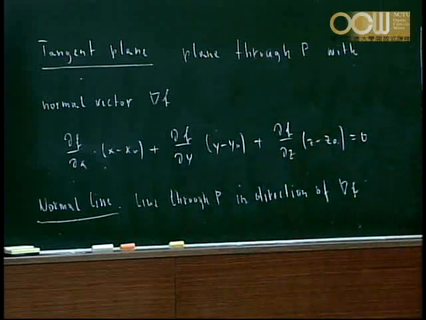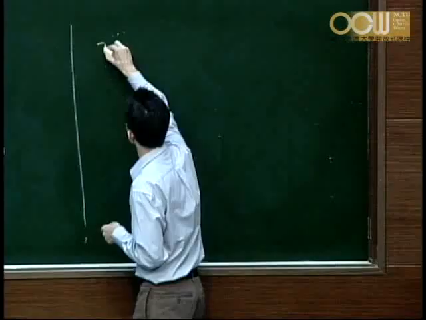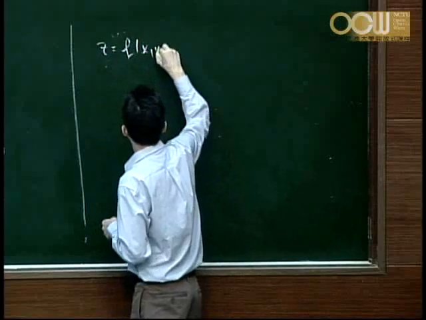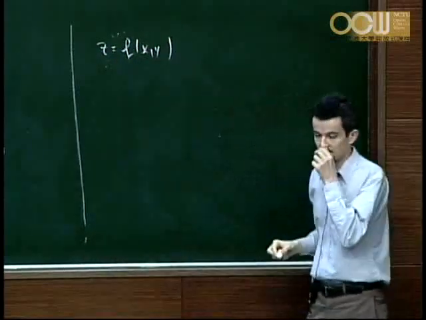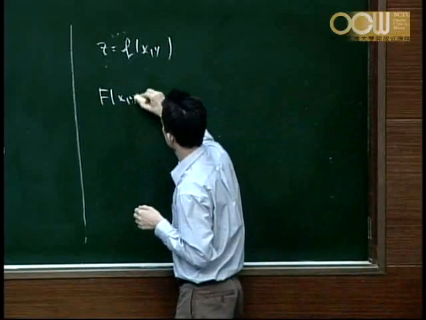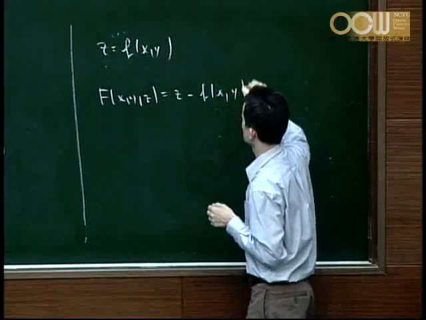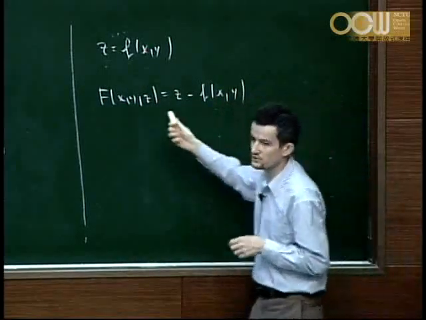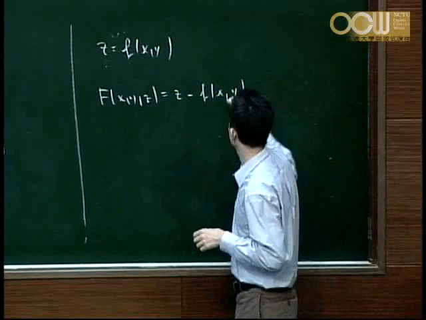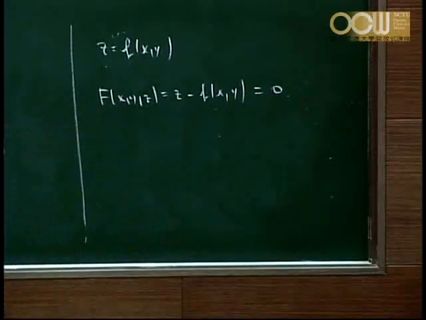Now, how does this fit with our previous definition of the tangent plane? Previously we looked at such a function, but you can interpret this if you choose f of x, y, z as z minus f of x, y. Then you look at this function and you have the level curve with function value 0.